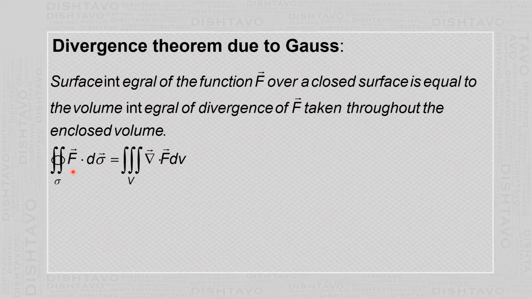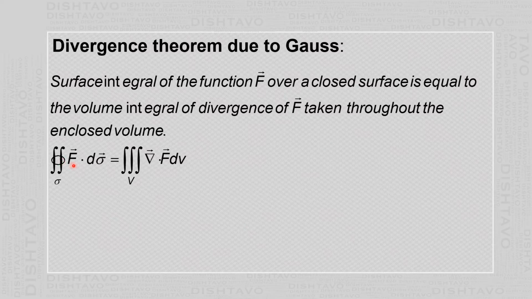So according to this theorem, the surface integral of the function, to show that it is a surface integral we write a sigma below, of the function, that is vector f. And this circle shows that it is a closed surface.